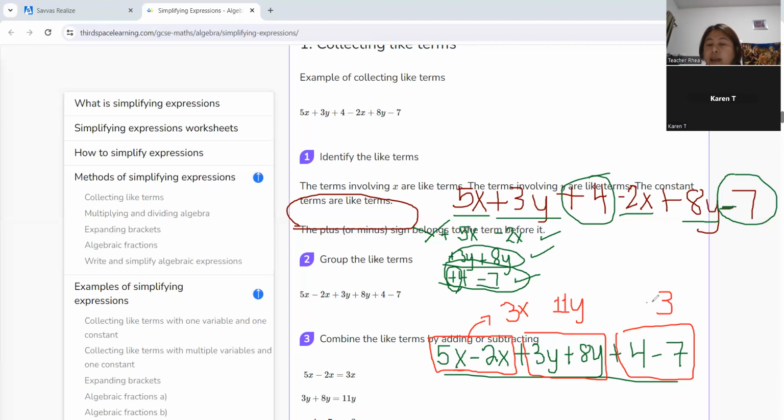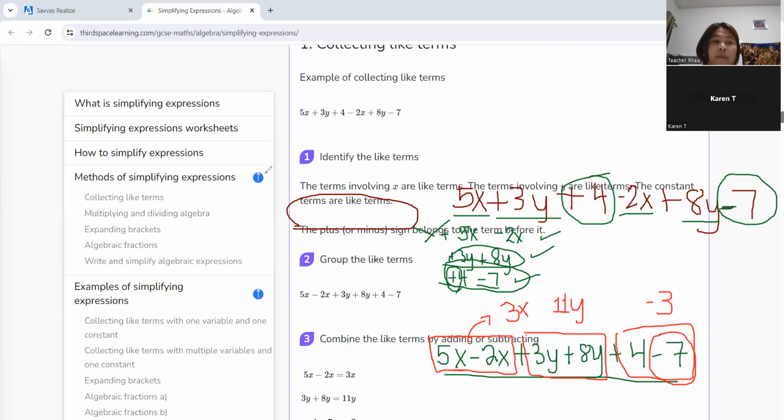Yes, it's negative 3, because 7 is negative and 7 is greater than 4, so you copy the sign from the greater number. So it's negative 3. You already combined the like terms by adding and subtracting. Now you have 3x, 11y, and negative 3.